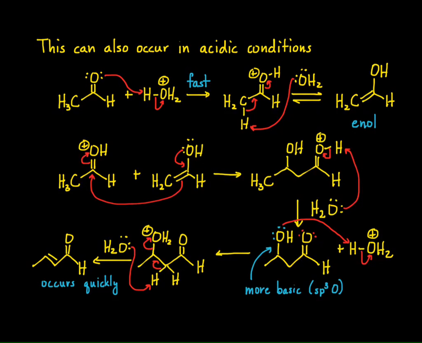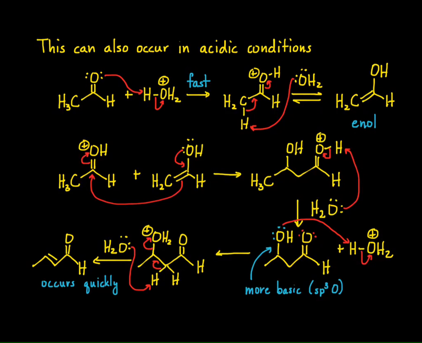And because of it, it actually drives the equilibrium toward product formation. So even though at the top we see that the enol is not favored, once a reaction occurs between the enol and its protonated aldehyde, the equilibrium resides toward the product.